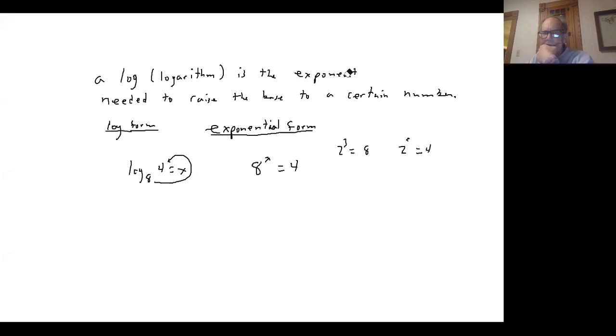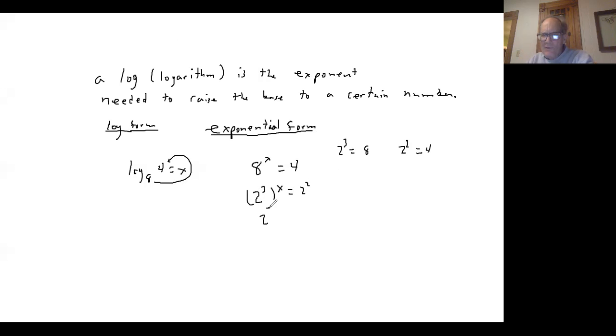That's 2 squared here. So this would be 2 to the third to the x, and this would be 2 squared.